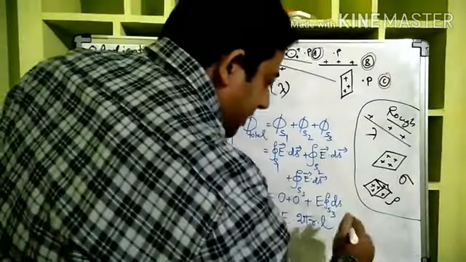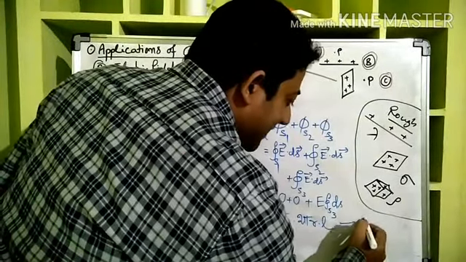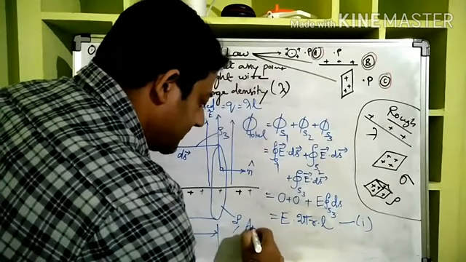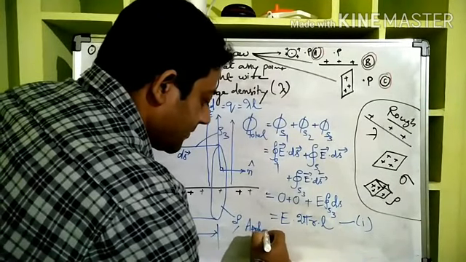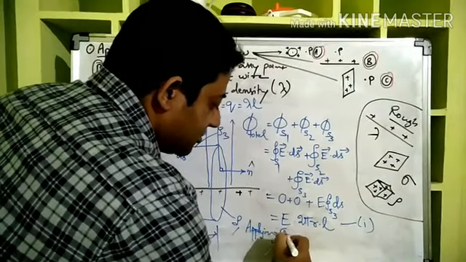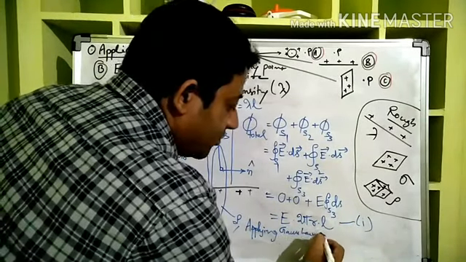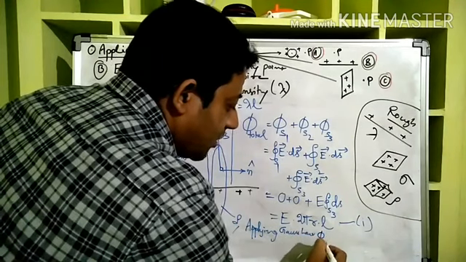Let us make some drama. Make it equation 1. And as per Gauss law, now applying Gauss law. According to Gauss law, phi total is equal to how much?